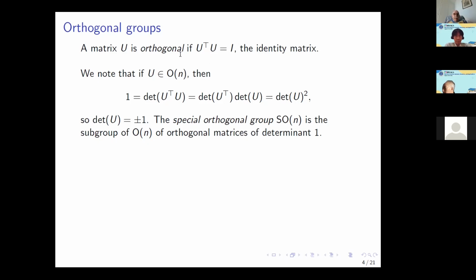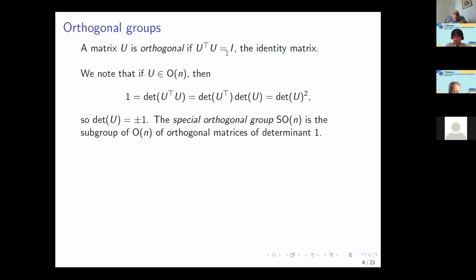And it's easy to see using properties of the determinant that if I have an orthogonal matrix, then U transpose times U is the identity.